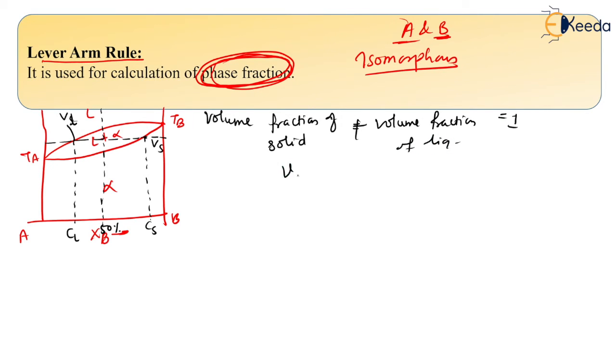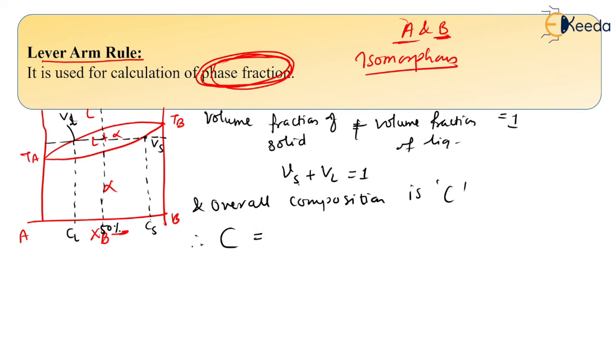That is, Vs plus Vl equals 1, equation 1. Overall composition is capital C. Then capital C will be equal to the volume fraction in the solid into composition in solid, plus volume fraction in the liquid into composition in the liquid, equation 2.